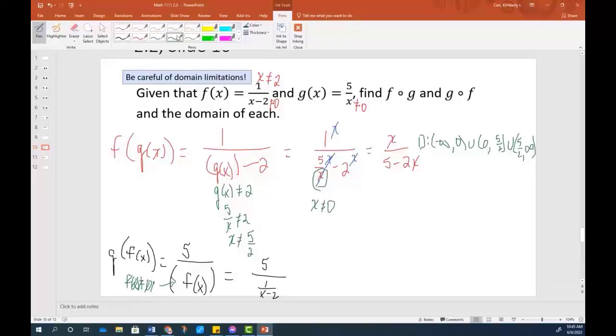But now I have my next domain limitation, because right here, I know that x minus 2 cannot equal 0, which of course means x cannot equal 2, just like we had in our earlier one. Okay, up at the top where I wrote that in red, f of x, we know that there's a domain limitation there. So x cannot equal 2.